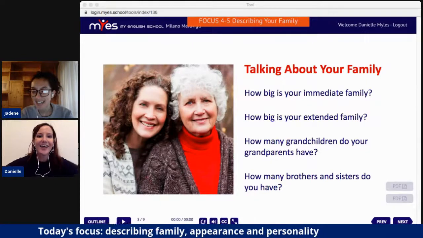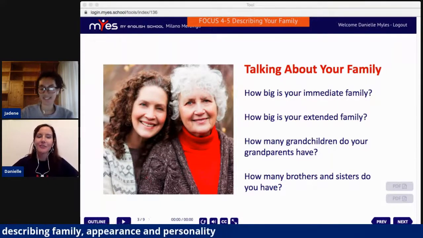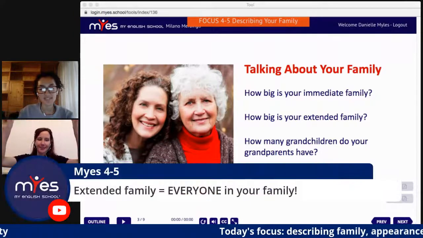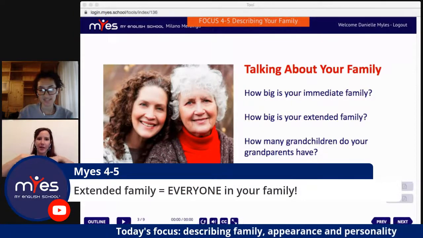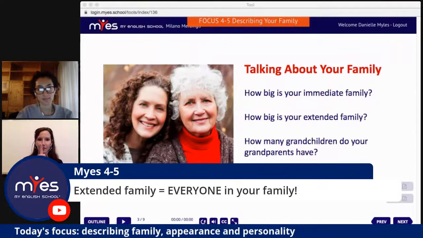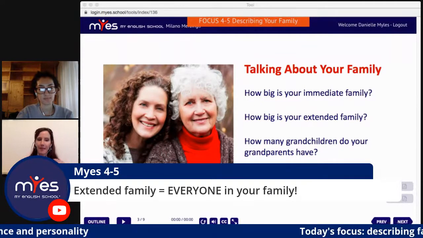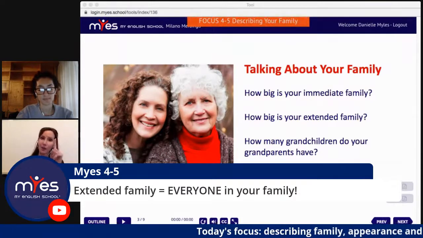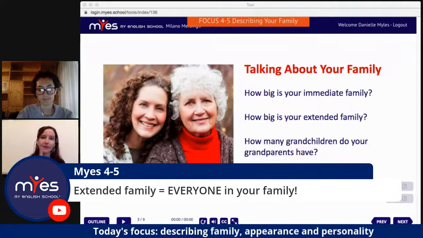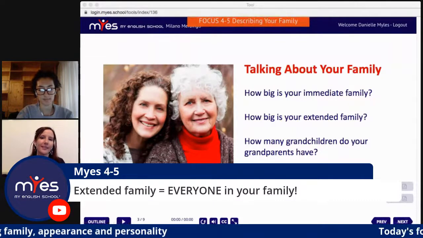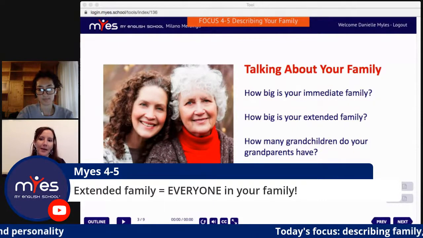How many grandchildren do your grandparents have? So let's think about this. You've got your grandparents. You're one grandchild. But in total, how many? So for me, I have one grandparent alive, my grandmother, and she has 12 grandchildren. How about everyone else?